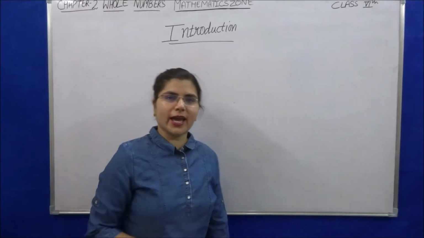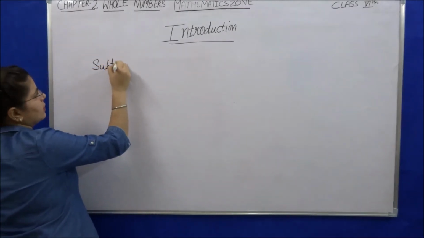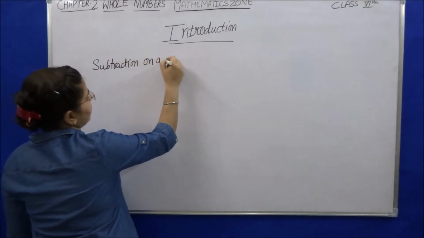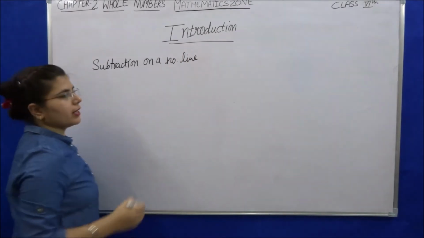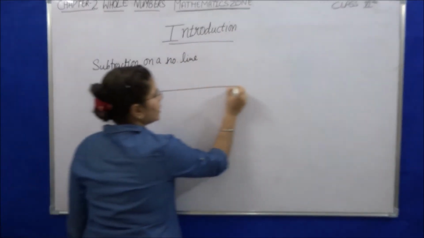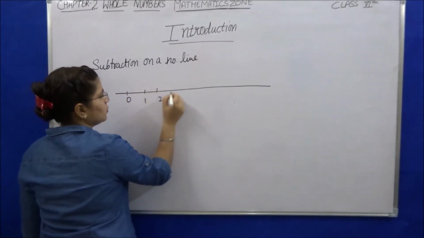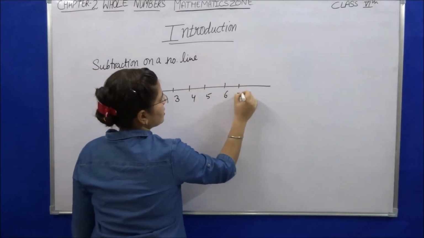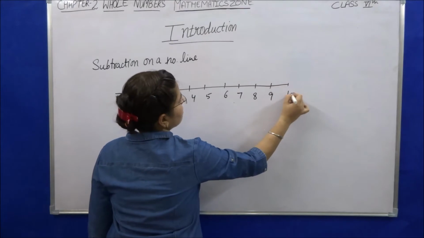On a similar line we will do the subtraction operation on a number line. Subtraction on a number line. Now if we consider a real number line 0, 1, 2, 3, 4, 5, 6, 7, 8, 9 and this is 10.